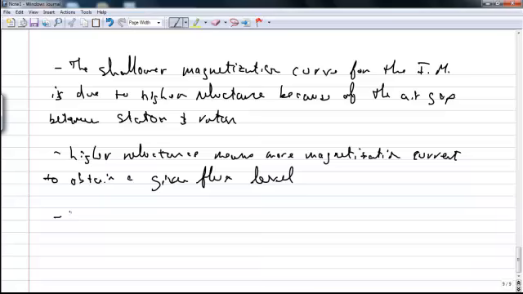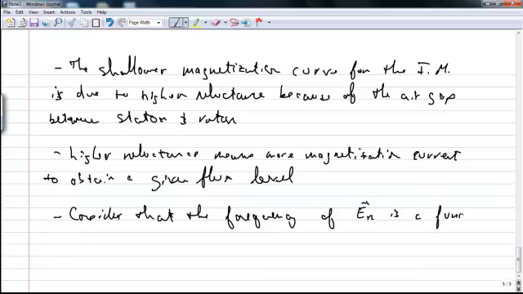So if we consider that the frequency of E sub r is a function of the speed of the motor and therefore the slip, we realize that our impedances, in particular jX sub r, is going to become a function of the motor speed.